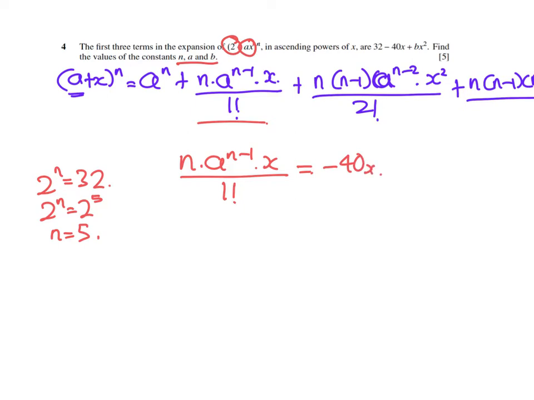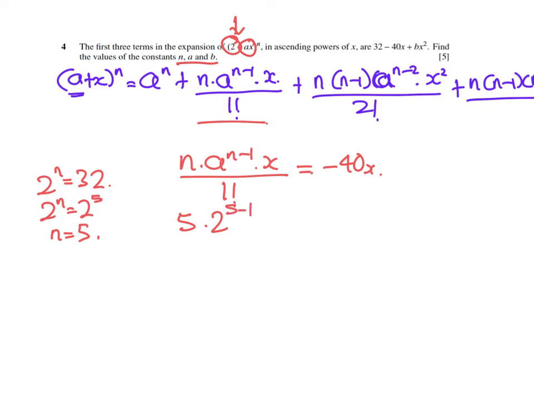We already have the value of n, which is 5, and a here is the value of the first term in the binomial formula, which is 2. So 2 to the power of 5 minus 1, sorry, not 4 minus 1, n equals 5.